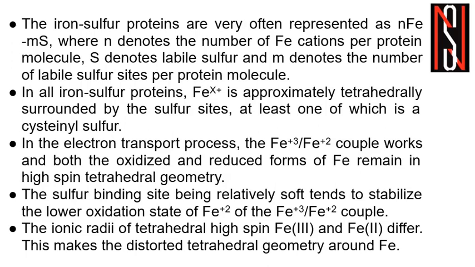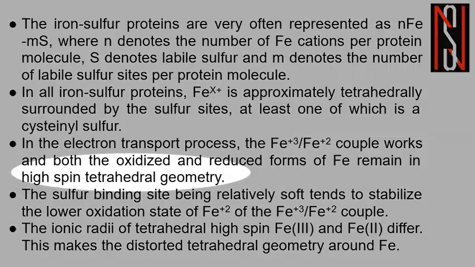And again, the iron is bound with the sulfur sites, and we know that sulfur is a weak field ligand. So due to these two reasons, first, tetrahedral splitting is comparatively less than octahedral splitting, and second, sulfur is a weak field ligand, the overall splitting will be less, and it will therefore adopt a high spin tetrahedral geometry.